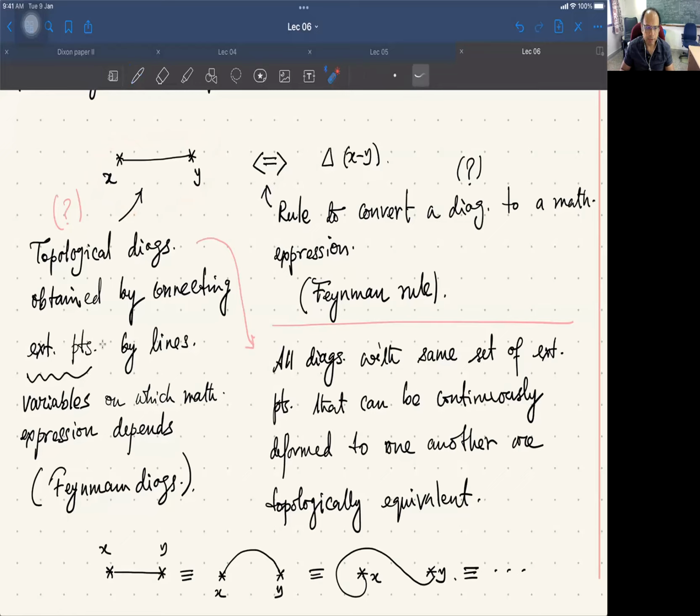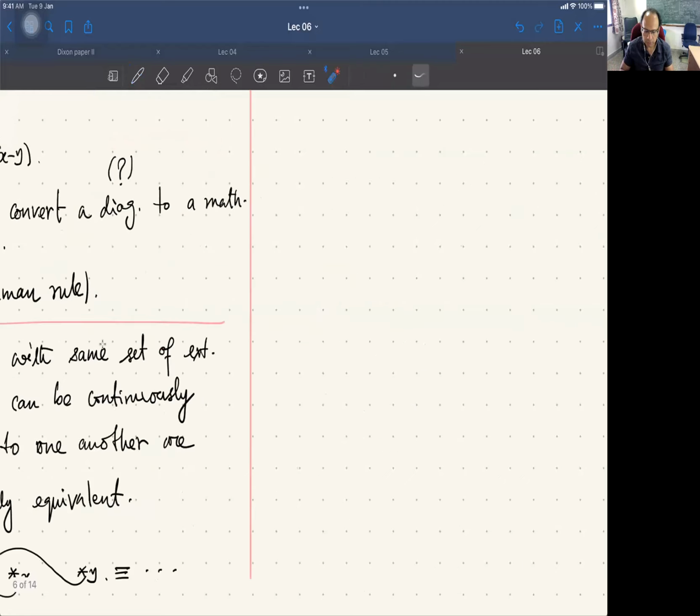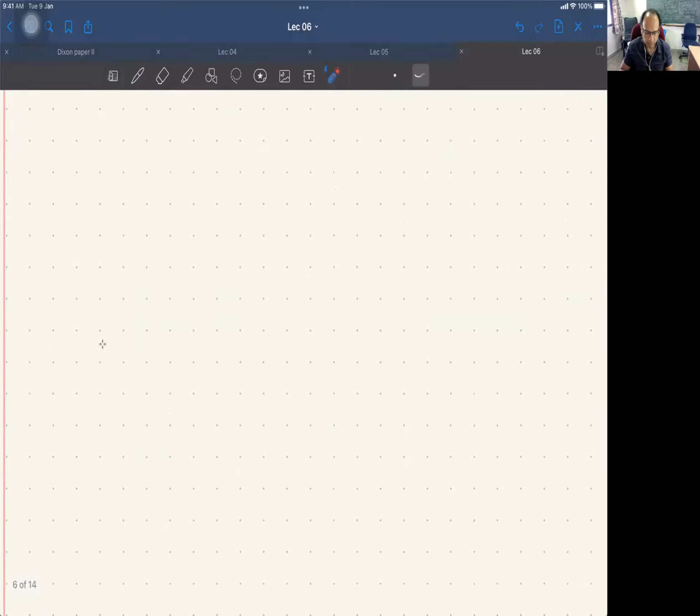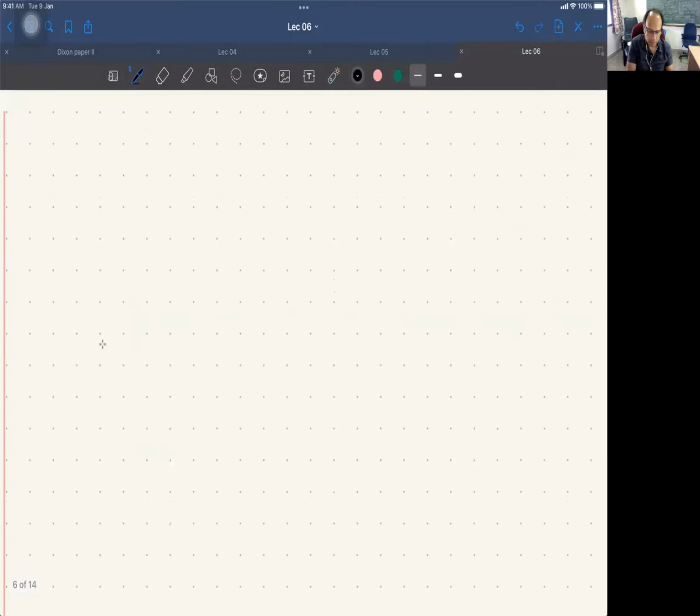It is important because what we are going to show is that theories can be classified by a set of diagrams. So let me begin with the following statement.